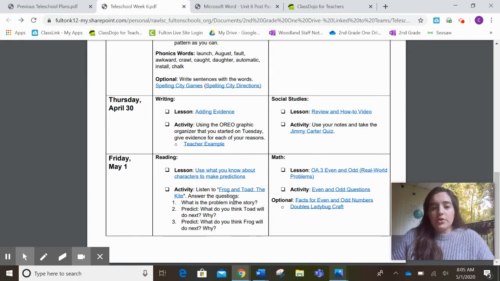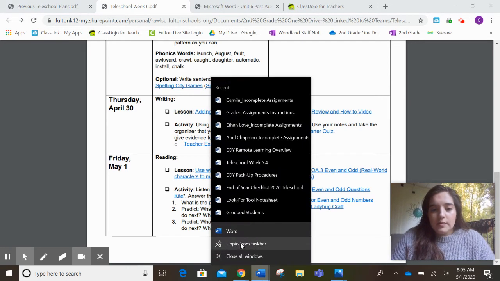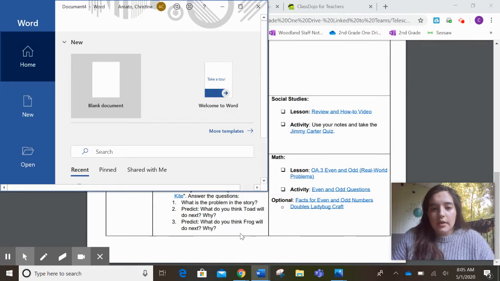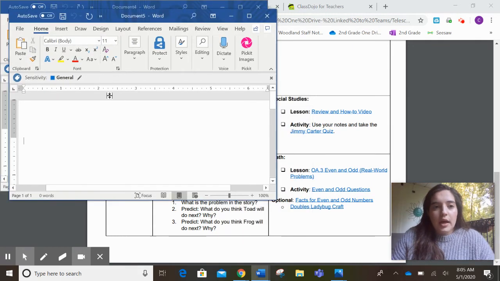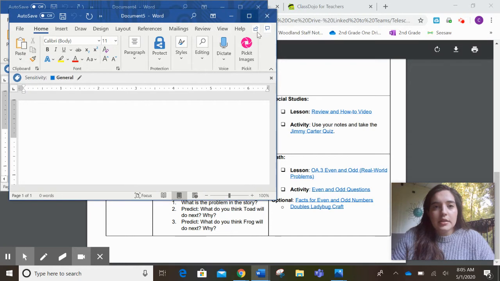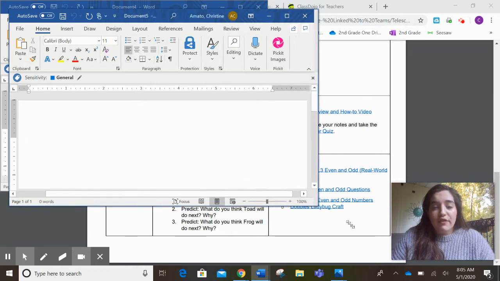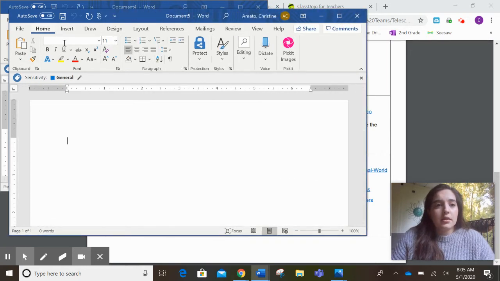Why? Just to make sure that we know how to form a prediction, I want to show you real quick. See if I can just pull up a Word document here. I want to show you real quick how you can write a full sentence prediction. So not just Frog's going to do this, right?